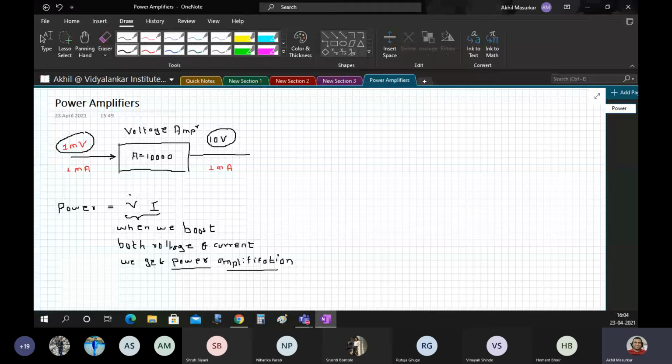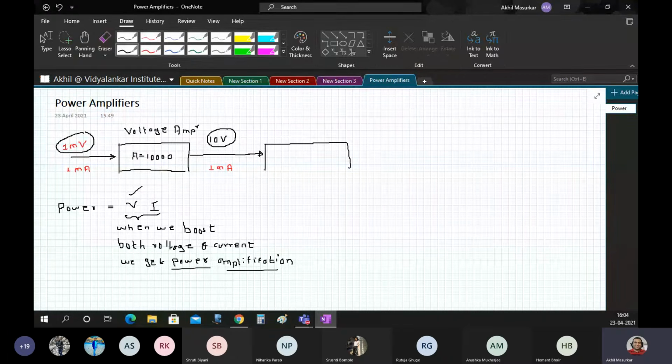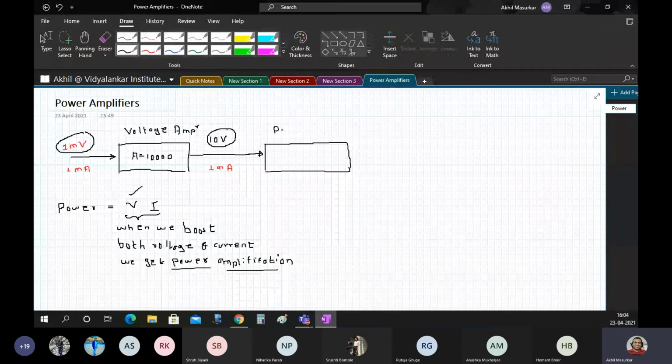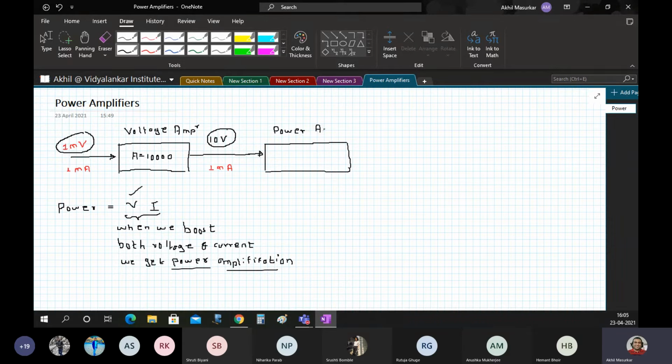Voltage amplification has happened, but to boost power, we also need to boost the current value, and that is why we require another special class of amplifier, which is basically a current amplifier. A current amplifier is generally called a power amplifier. So here now we have 10 volts.